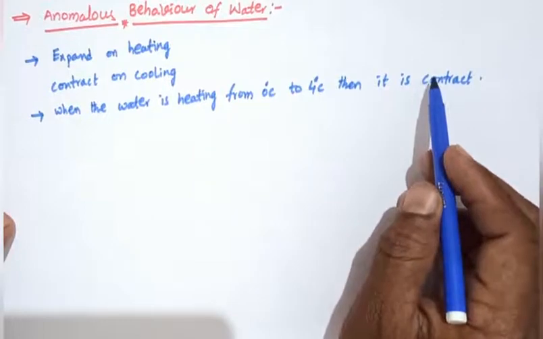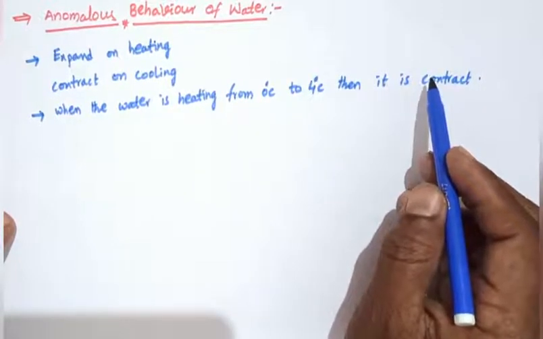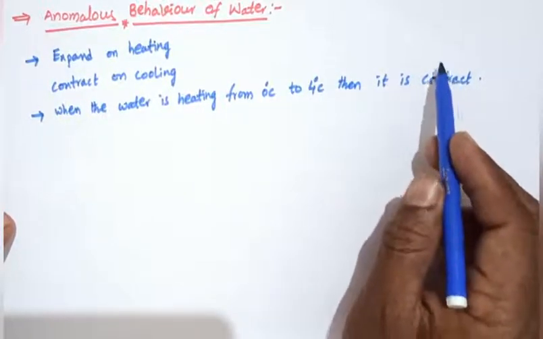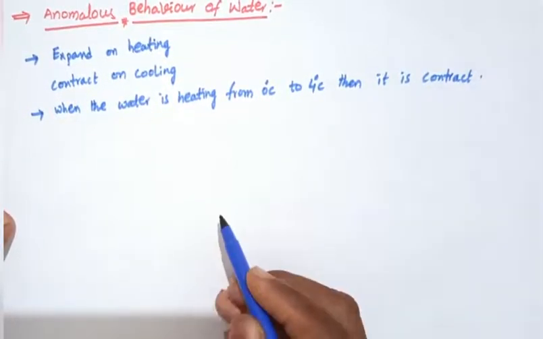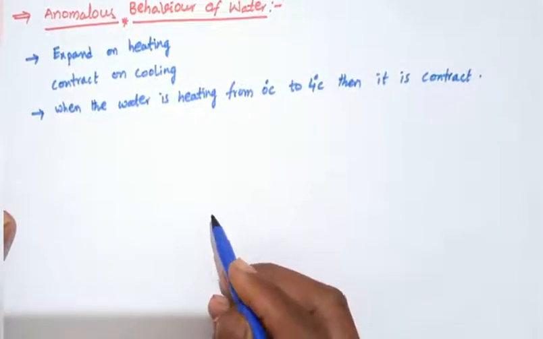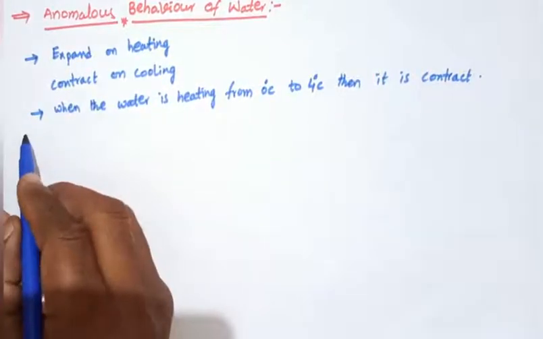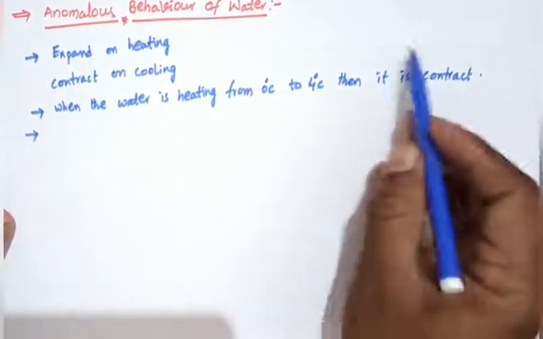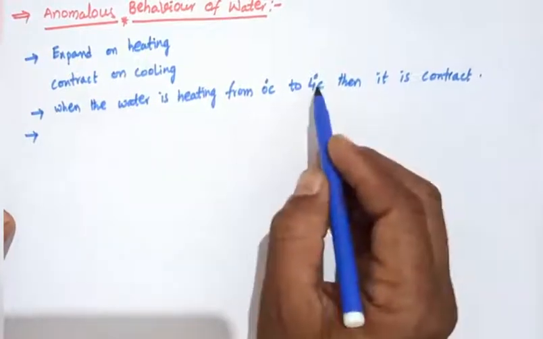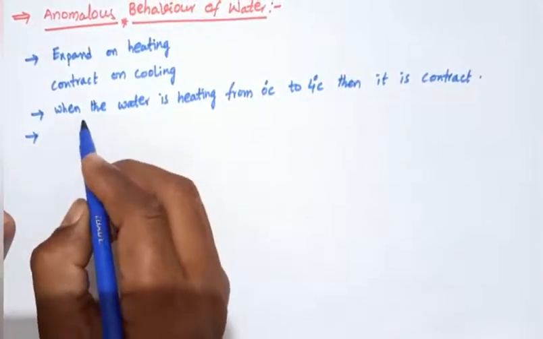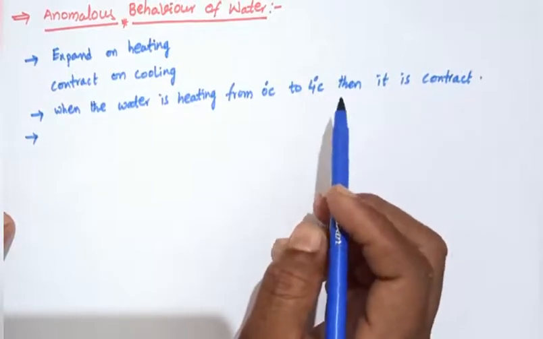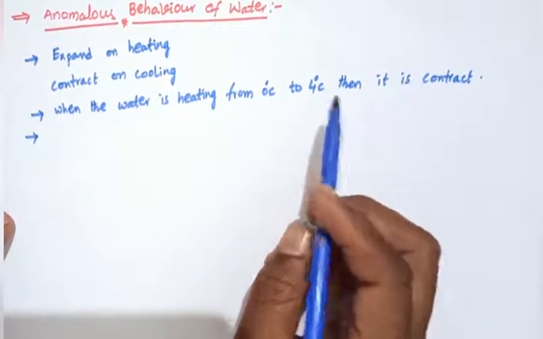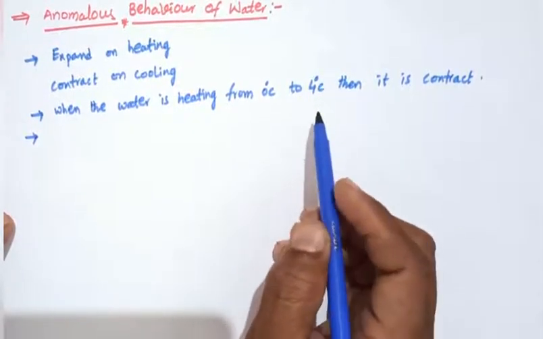So water is contracting, then its volume is decreasing. When the water is cooling from 100 degrees Celsius to 4 degrees Celsius, it is contracting.